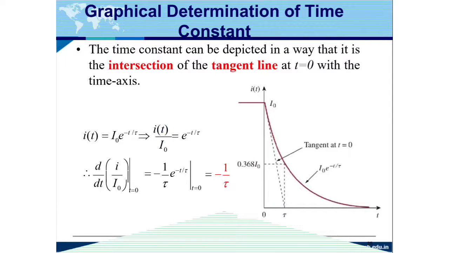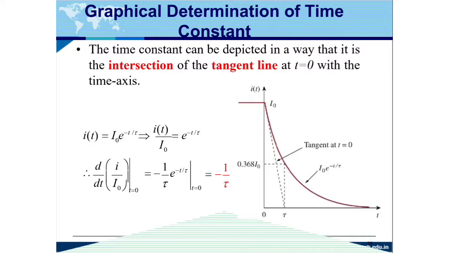Now the graphical determination of time constant. The time constant can be depicted as the intersection of the tangent line at t equal to 0 with the time axis.